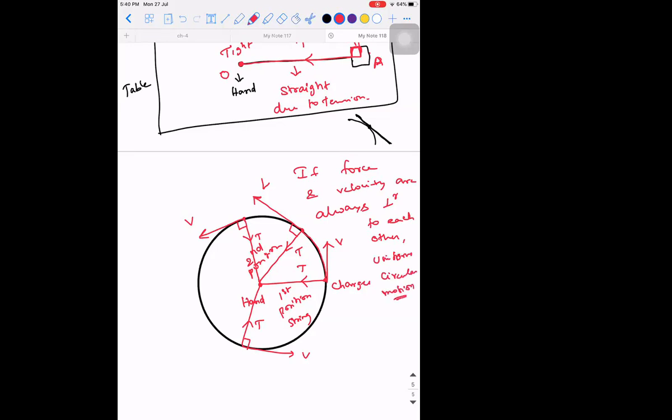I should not only say circular, it is uniform circular motion, because now I am discussing only uniform circular motion. Okay, please make a clear note of it. If there is any doubt, let me know.